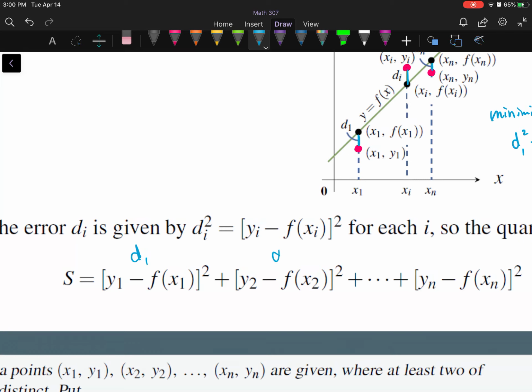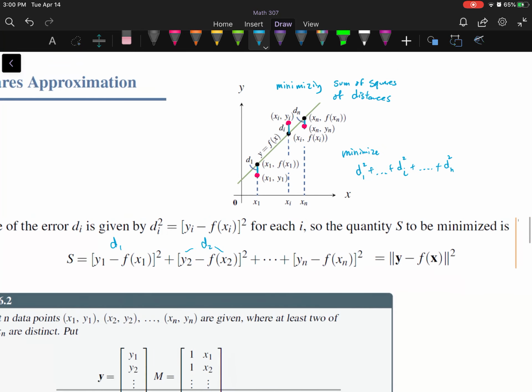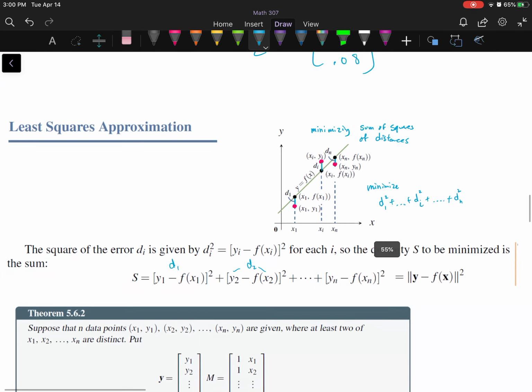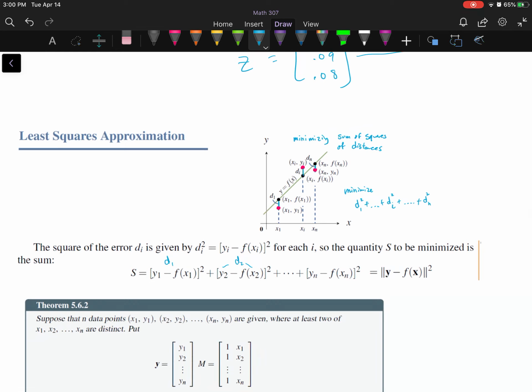There's D1, this would be D2, and this whole thing would be Dn. What we're really doing is minimizing the length of this vector, a vector between the actual observed y values and the function's y values that we're trying to fit to this data.